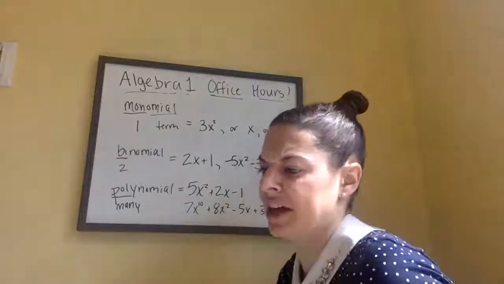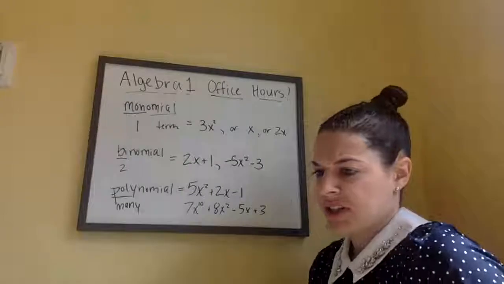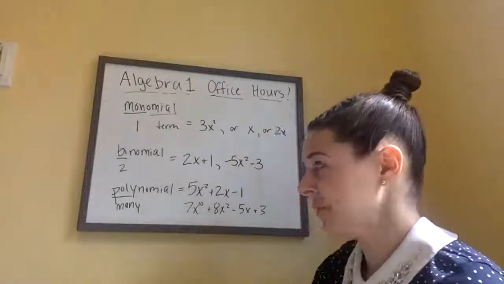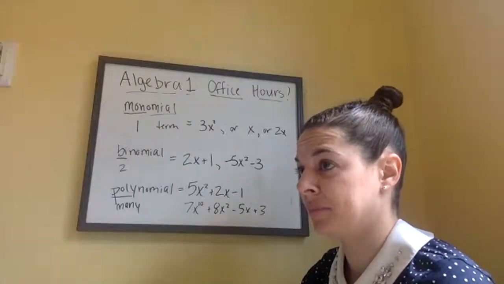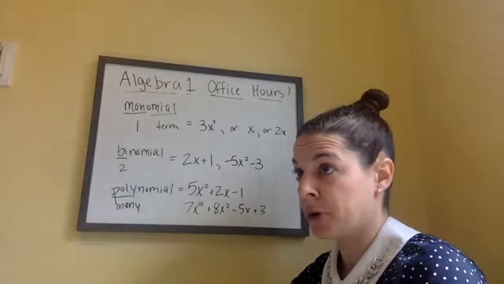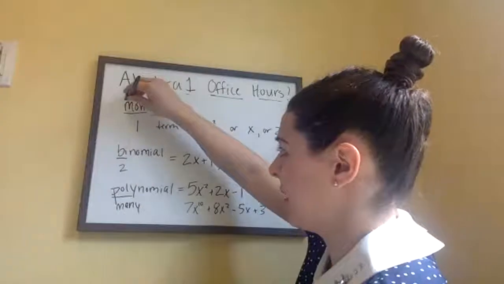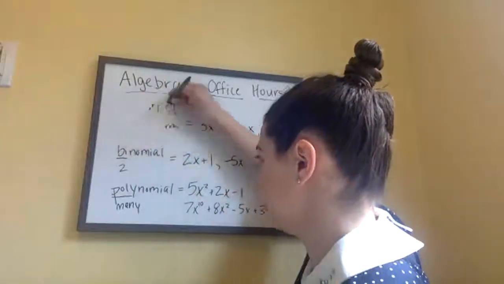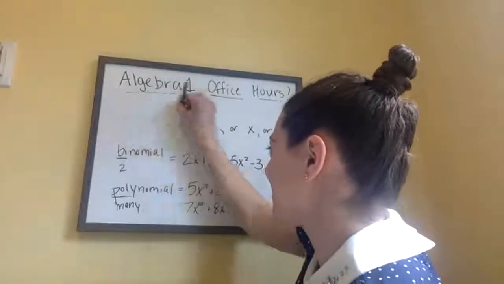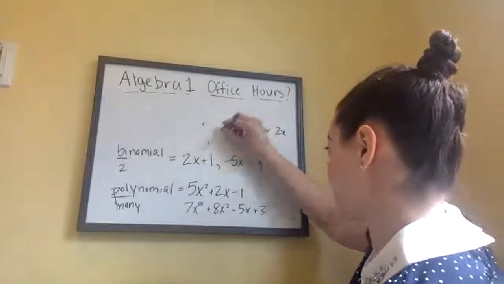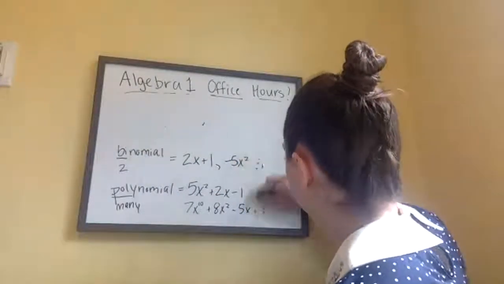The reason why we did that is because when it comes to the distributive property, sometimes people forget that when you're doing distributive property, you are multiplying everything by the thing that's being distributed. I know that sounds really weird, but let me give you a nice little example.